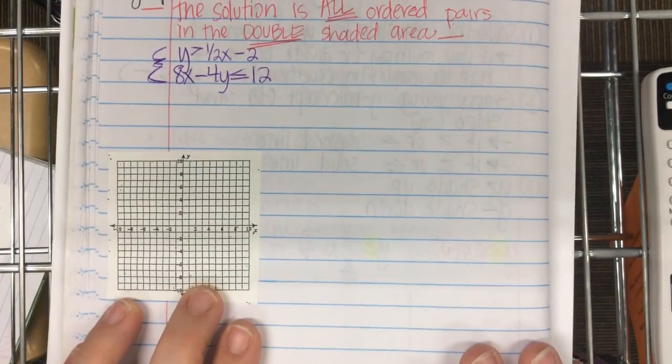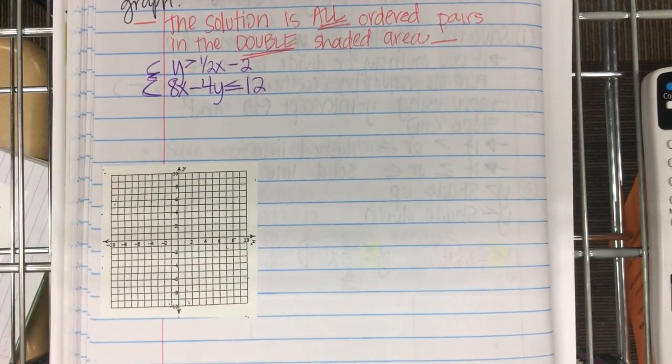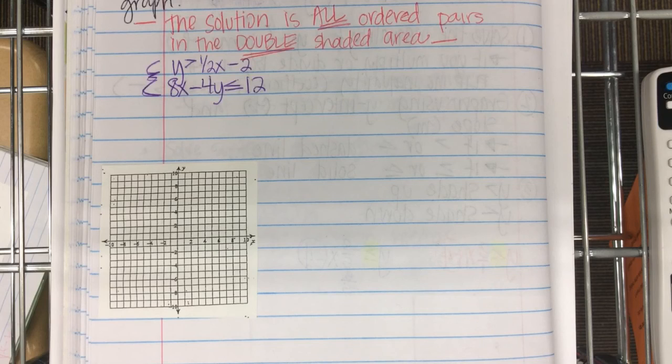And this is going to be where your color coding comes in, because one line is going to be one color and the other line is going to be the other color, to kind of help your brain see what's going on.